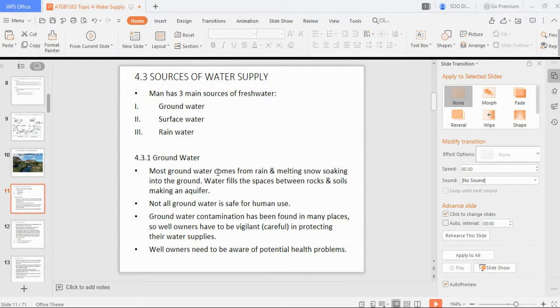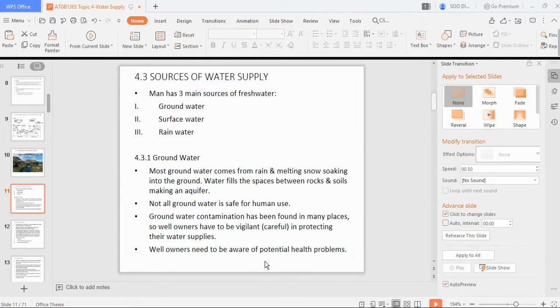This water obtained from the rain and melting snow is replenished through rain. So as we dig a well into the ground and extract the groundwater, as more and more water is extracted, the water level will go down. And one of the ways for the groundwater to be replenished is through rain.